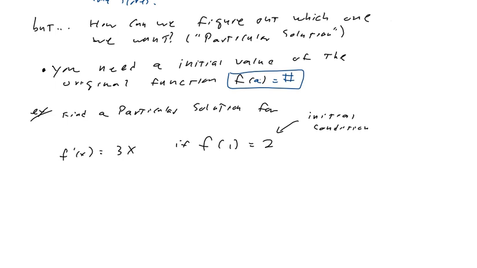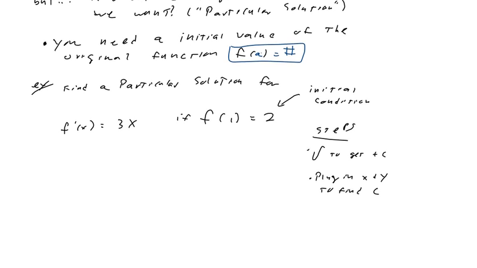And so the steps we're going to do are: we integrate to get the equation, to get the plus c, and then we plug in x and y to find the c value.